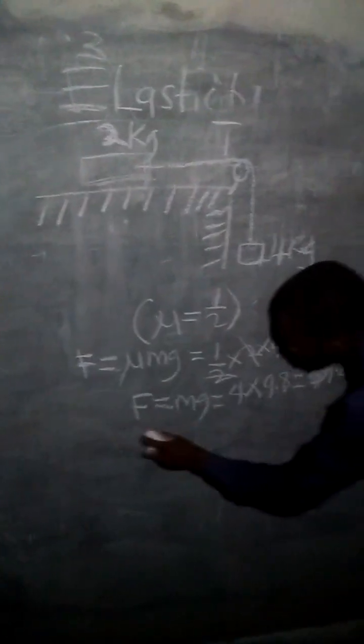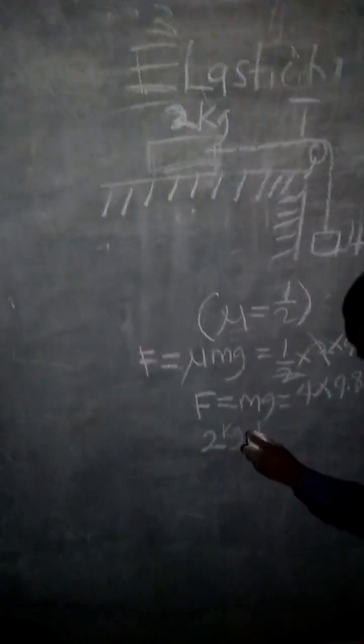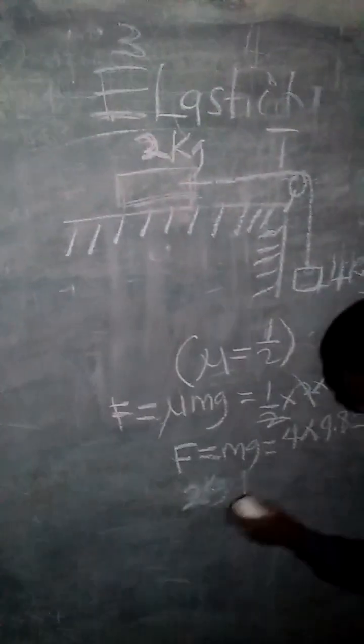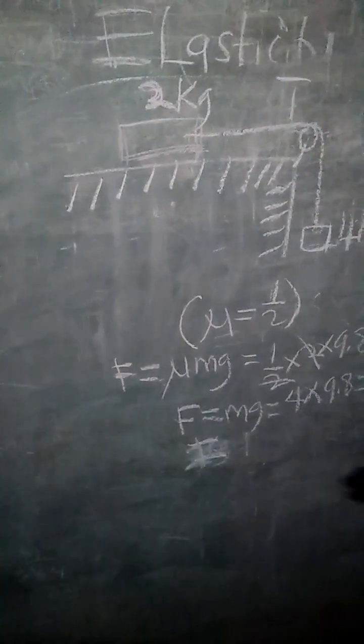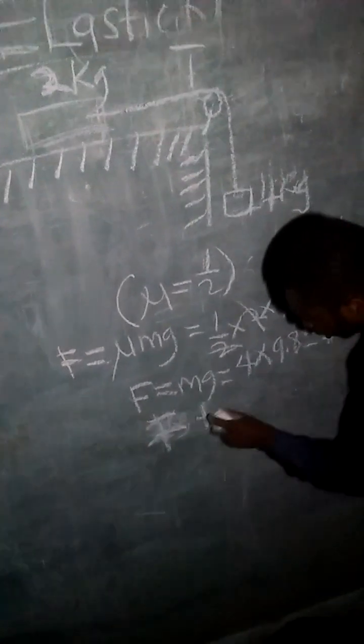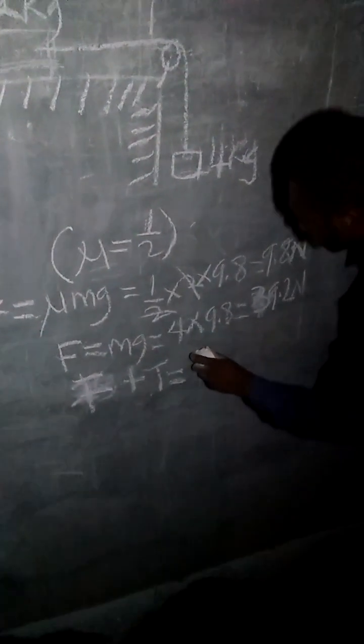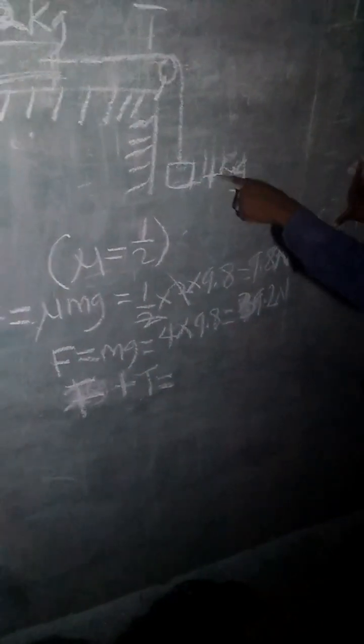So the force on this 2 kg mass plus the tension on this rope is equal to the force on this 4 kg mass.